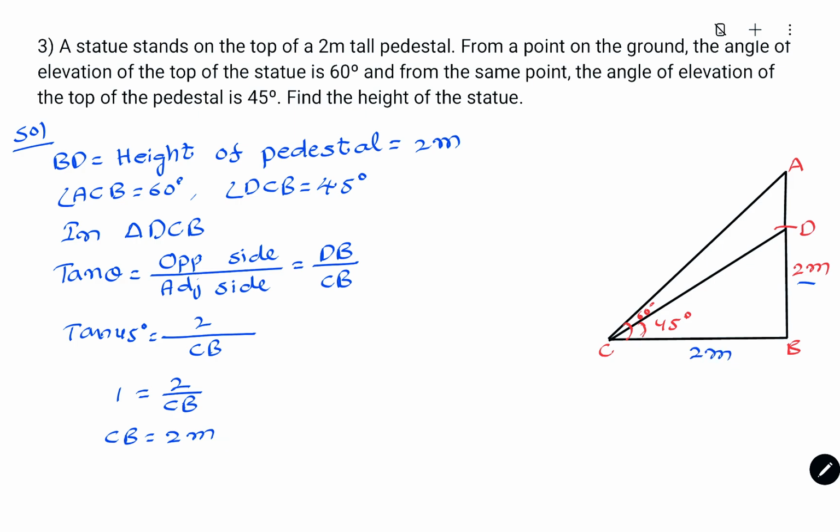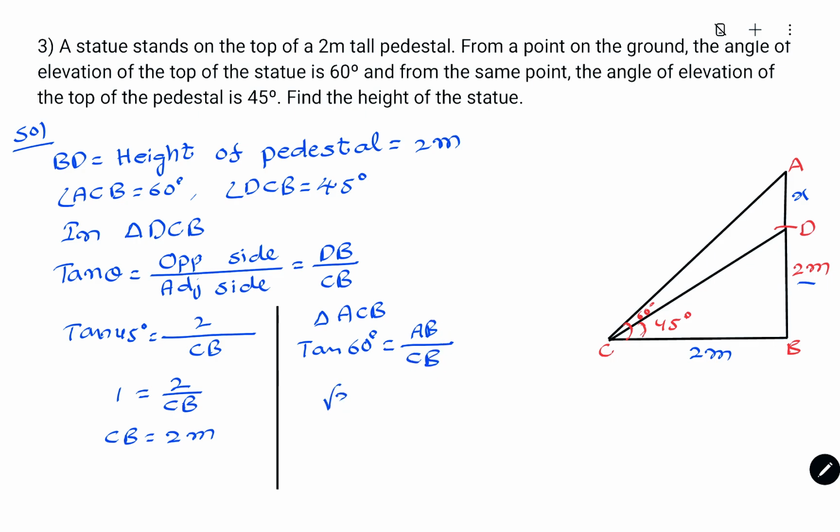Now we take the triangle ACB. Here we assume AD is x. In triangle ACB, angle ACB is 60 degrees. Tan 60 is opposite side AB by adjacent side CB.